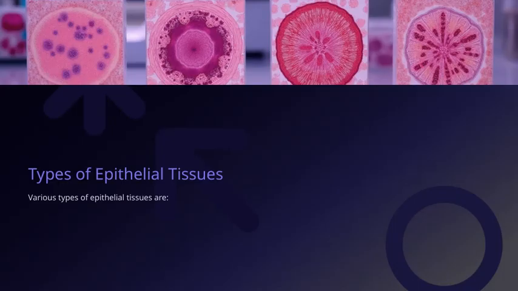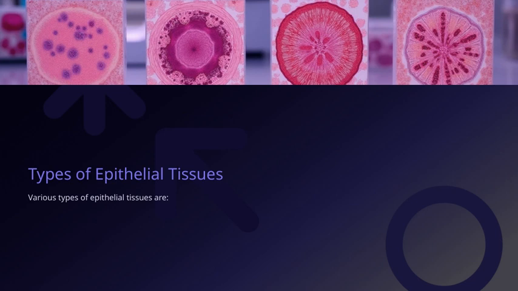Now, let's take a look at the different types of epithelial tissues. These tissues are incredibly diverse and specialized, each serving unique functions in our body. Throughout this presentation, we've seen how epithelial tissues form protective barriers, facilitate absorption, and enable secretion. Understanding the various types helps us appreciate how the body's surfaces and linings are perfectly adapted to their roles.